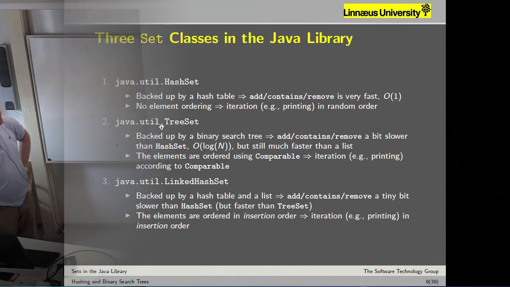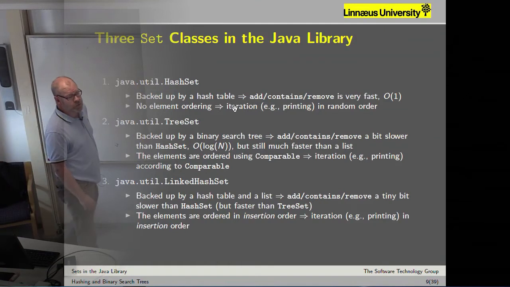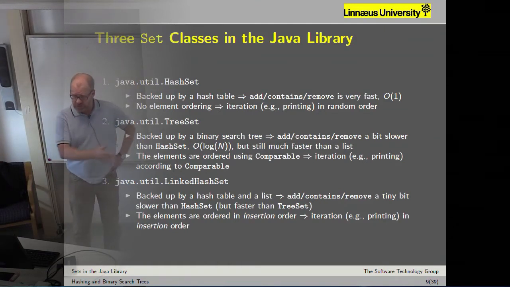The TreeSet is slightly slower than the HashSet. It works in logarithmic time, but still much faster than a list. The drawback with using a HashSet, as you will see, is that there is no element ordering. You are adding the elements in a certain order.